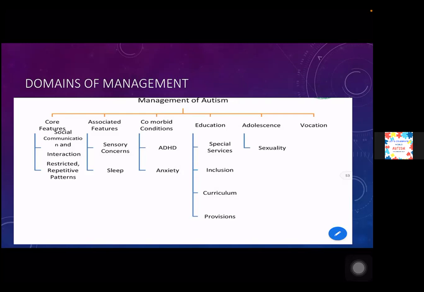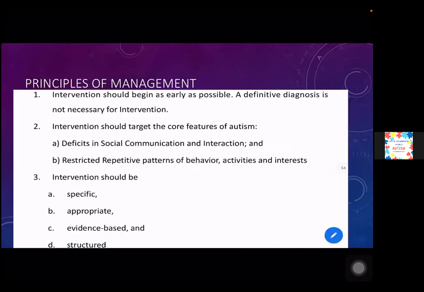Then we deal with the associated features which may be seen in some kids with autism. 15 to 30% of children with autism have a disorder or anxiety. Then we deal with education, which includes inclusion, curriculum, and provisions. Then adolescence, which involves sexuality and vocation.